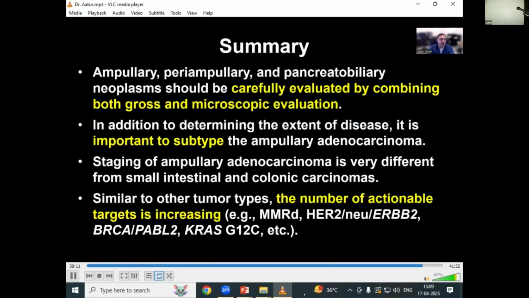So my time is a bit up, so I'd just like to summarize. Ampullary, periampullary, and pancreatobiliary neoplasms should really carefully be evaluated by combining both a gross and microscopic evaluation. Now, I'm sure many of you have different methods that you've used or even read about to open up a Whipple specimen, but I find that really opening up the specimen along the ductal system, determining where a neoplasm is really the epicenter of, can really help in defining the next steps for that patient and really determining what neoplasm that patient has.